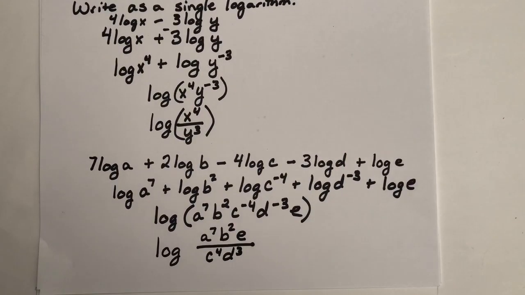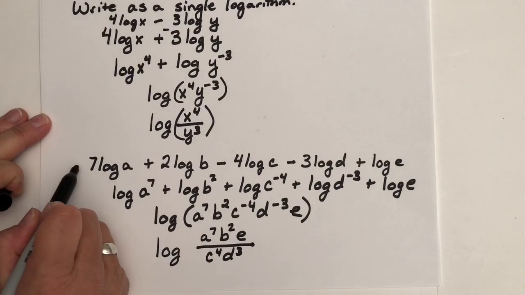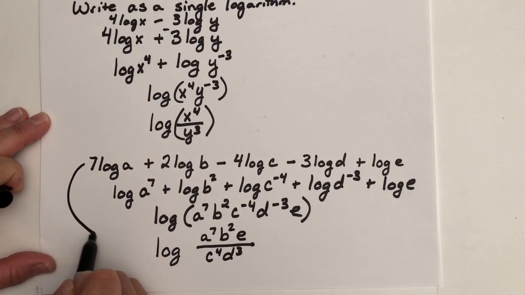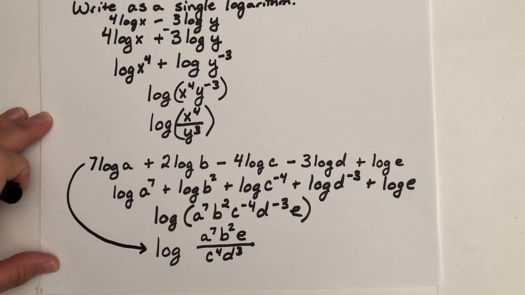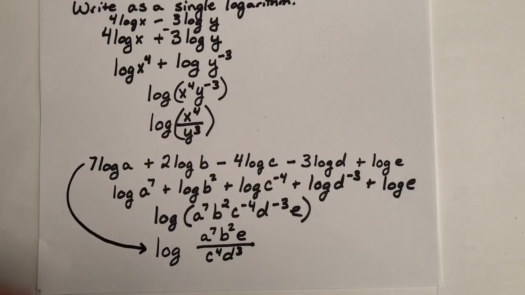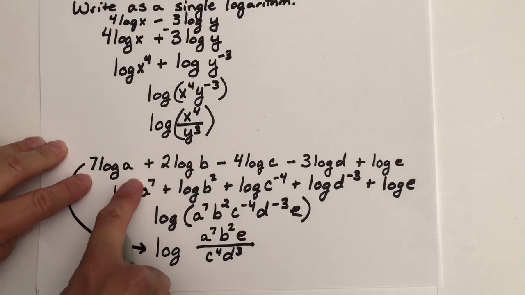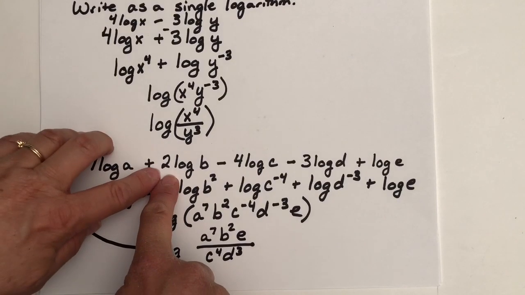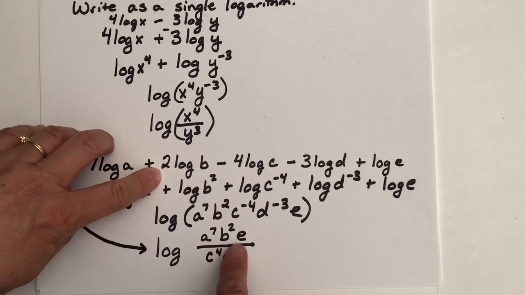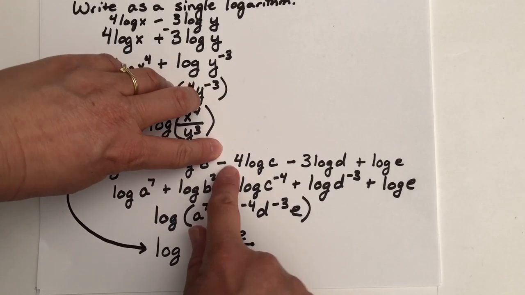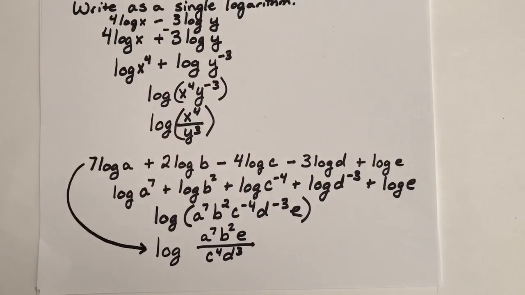Now with practice, what you can find is that you can move straight from here to here, recognizing that the coefficient will become your exponent. The 2 became the exponent, and if the coefficient is negative, you make sure it goes to the denominator.